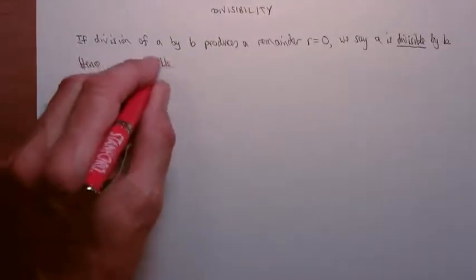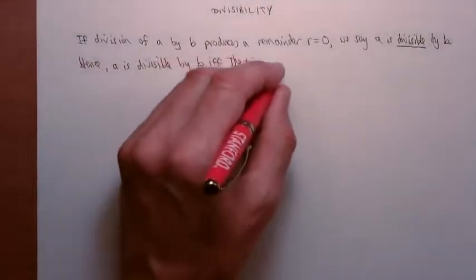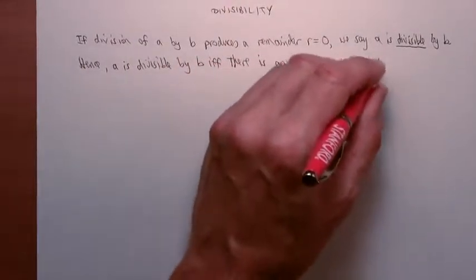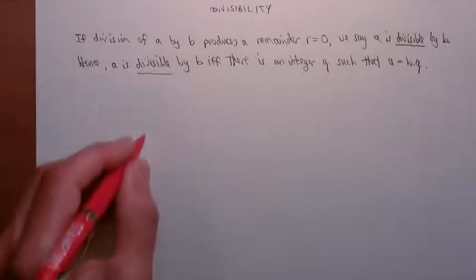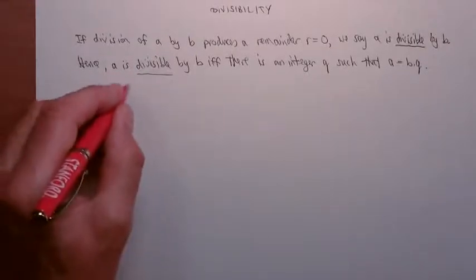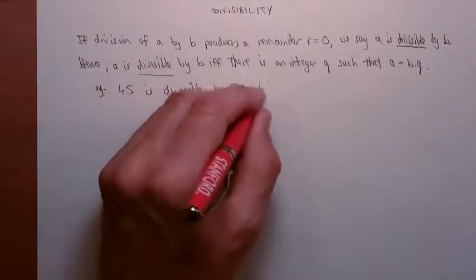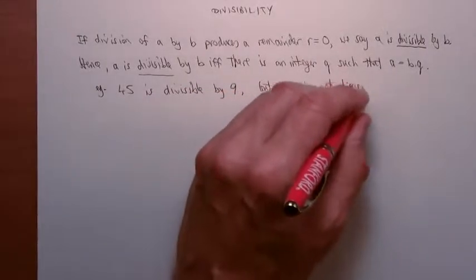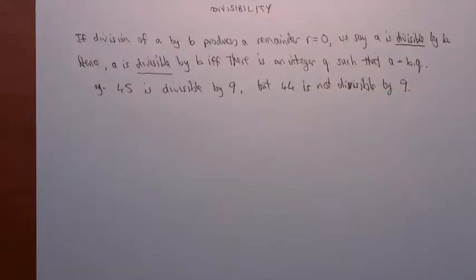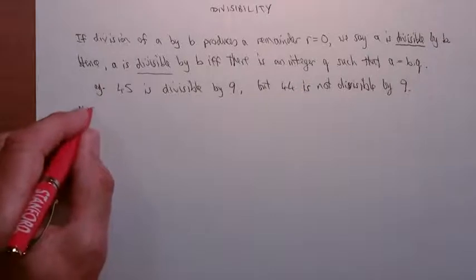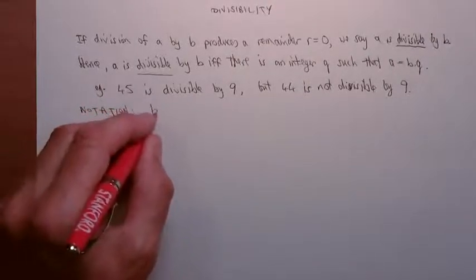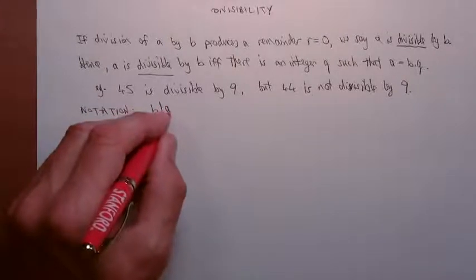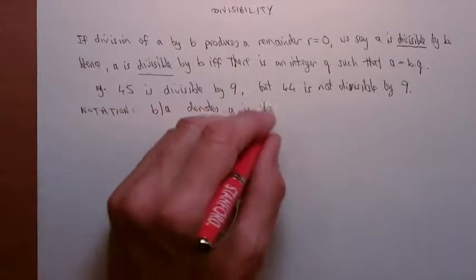Hence, a is divisible by b if and only if there's an integer q such that a equals bq. For example, 45 is divisible by 9, but 44 is not divisible by 9. The notation that we use for divisibility is this: b vertical line a denotes a is divisible by b.